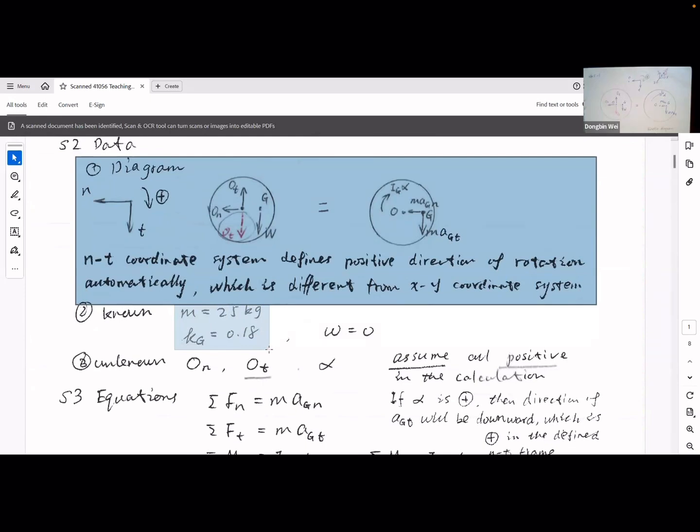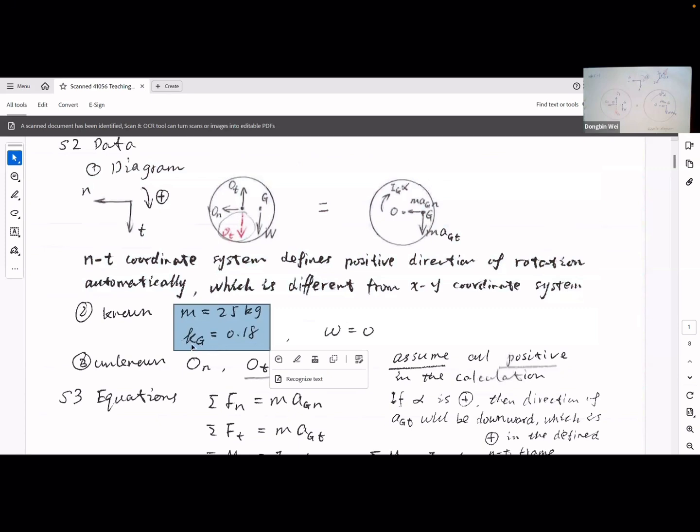Kg is the radius of gyration about the mass center point G. And omega. Omega at this instant is 0 because we are studying the instant when we release this unbalanced flywheel. At this instant, the velocity is still 0.